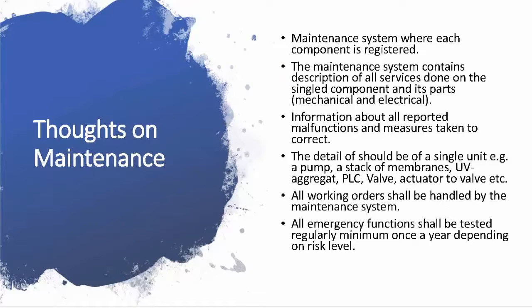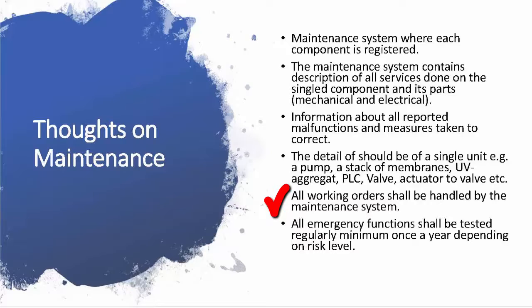Also, in the maintenance system you shall find all the malfunctions that have been reported and also measures to correct them. And the details of the component should be so that you see a single UV aggregate, a PLC, valve actuator, a pump, etc. All working orders, all maintenance shall be handled by the maintenance system.